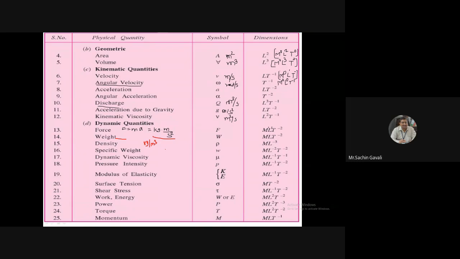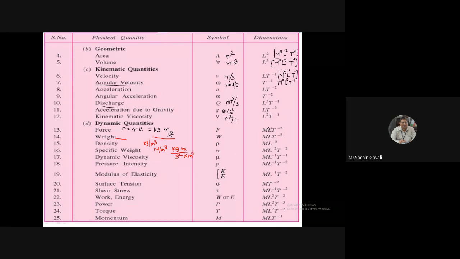Then specific weight is equal to Newton per meter cube. So Newton we already know. Newton means kg meter per second square, divided by meter cube.